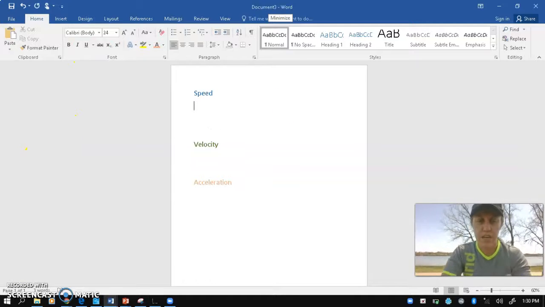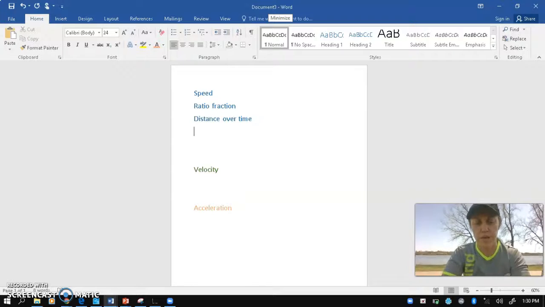So speed is really a ratio. It's all a fraction. All of these are fractions, and so you'll see, this would just be distance over time.